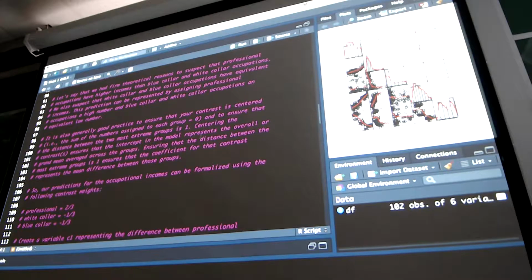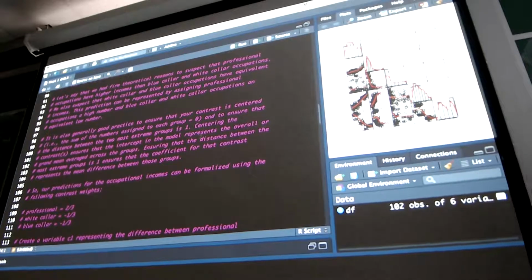But if your categories are coded, say, -2 and +2, where now they're 4 units apart, you have to change the interpretation, because the interpretation is still talking about a 1 unit increase, but your categories as they're being analyzed are 4 units apart. So you have to incorporate that into your interpretation. The way to avoid that is just making sure that your groups are 1 unit apart, so that you're looking at the difference between these group means essentially.